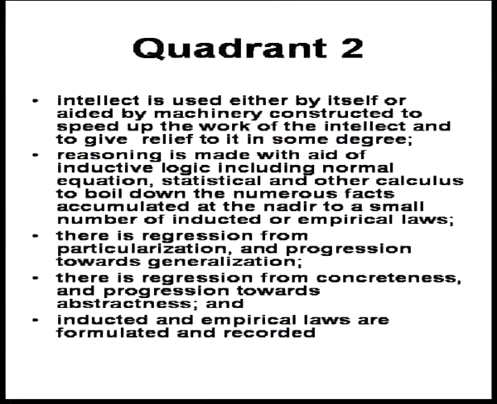Reasoning is made with the aid of inductive logic, including normal equation, statistical and other calculus, to boil down the numerous facts accumulated at the nadir to a small number of induced or empirical laws. There is regression from particularization and progression toward generalization. There is regression from concreteness and progression towards abstractness, and induced and empirical laws are formulated and recorded.